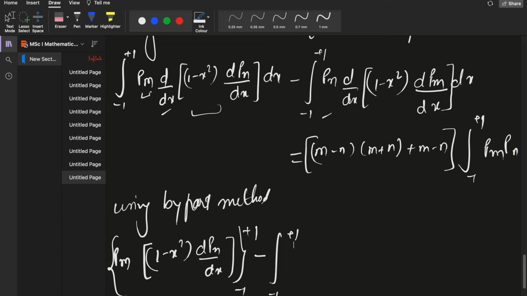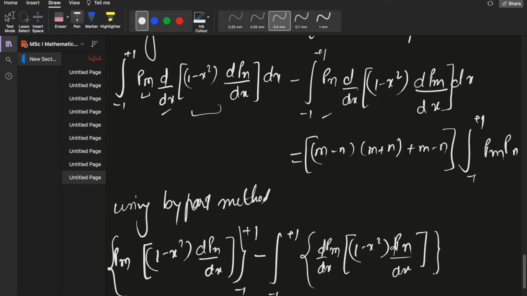Differentiation of the first function is dP_m/dx. Then the integral of the second function gives (1 minus x square) dP_n/dx times dx. Good.